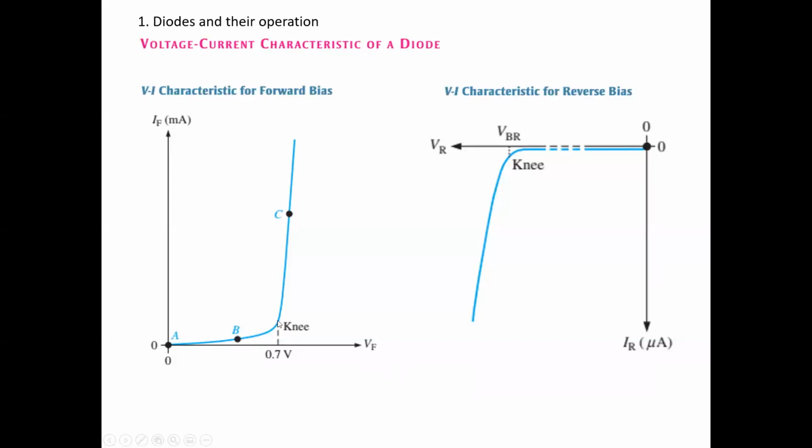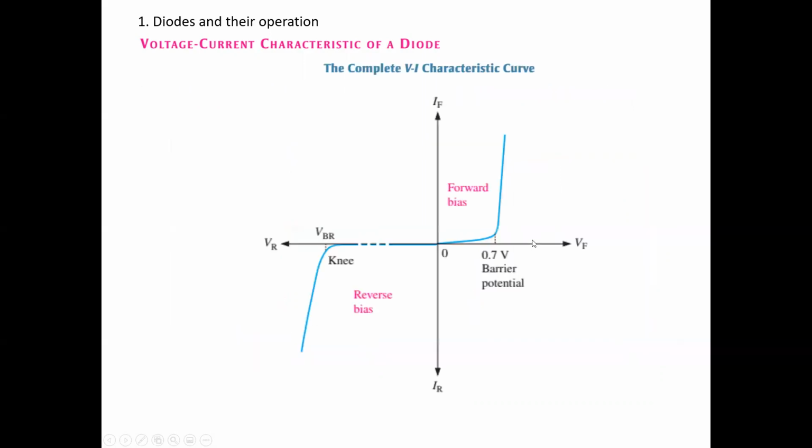Once it exceeds that voltage, it starts to conduct like this. If you look at the reverse bias situation, this is the breakdown voltage. When we exceed the breakdown voltage, only then will the diode conduct. We call this point its knee point. Now this is the full curve, reverse bias and forward bias.